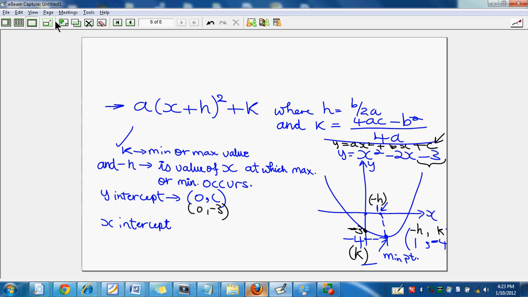So to get the x-intercept, we said that we put the equation equal to 0 and solve. In other words, in our particular example here, we would put x squared minus 2x minus 3 equal to 0 and solve it. Now we know 3 ways to solve that, don't we? The method of factors, quadratic equation, and completing the square.